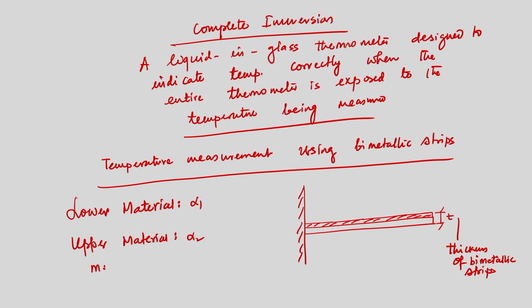Although the thickness of the bimetallic strip is the summation of the thickness of the two different materials, the ratio of the thickness of low to high expansion material will be denoted by M.